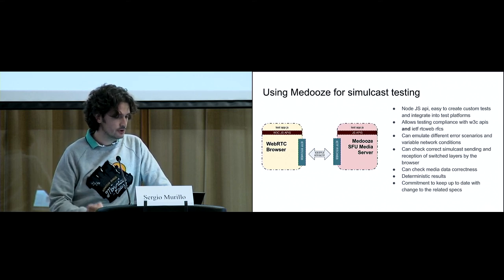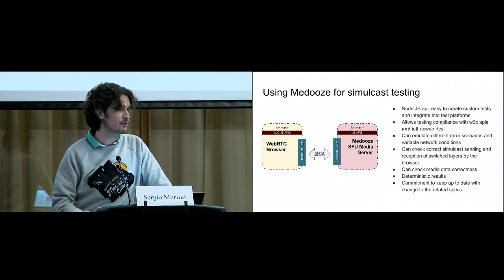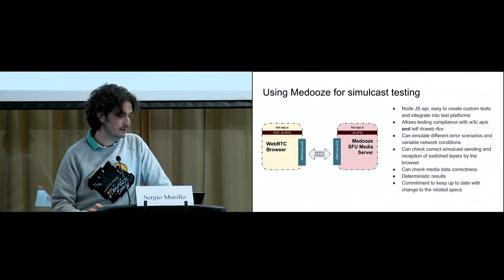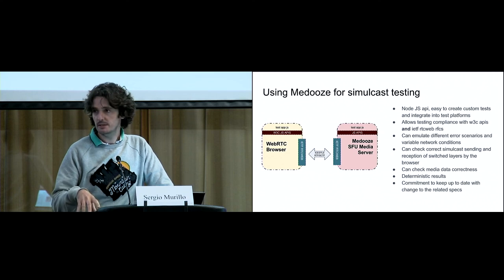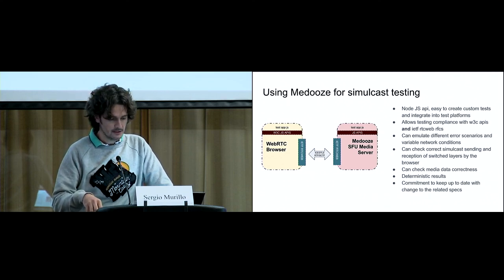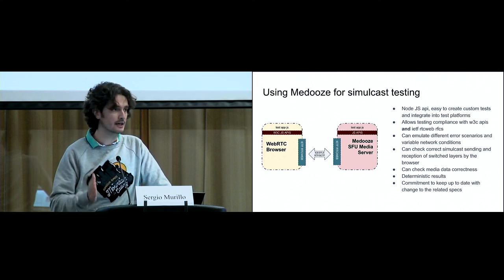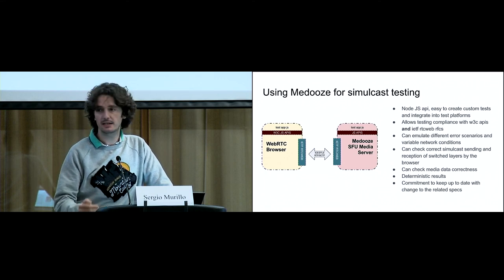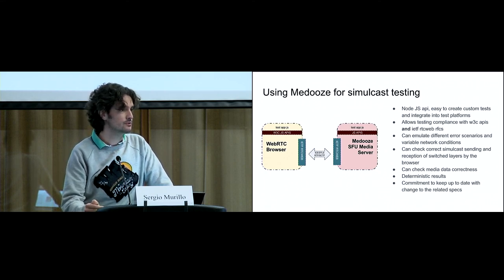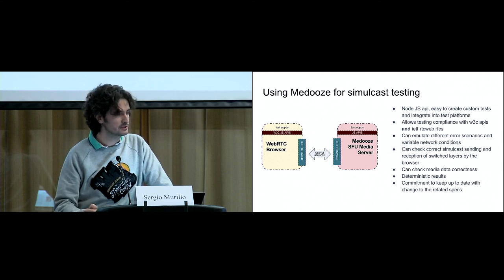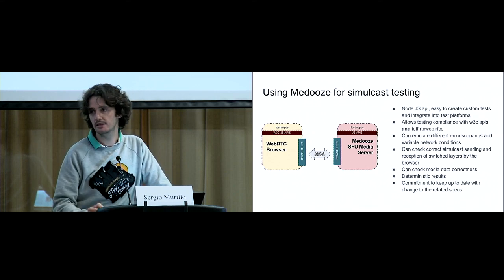This will allow you not only to test the WebRTC APIs that are already tested in the compliance suite, but will allow you to test all the IETF protocols, because as the media server we have access to all the RTP, RTCP specs, we will provide the stats, and we can create ad hoc checks to ensure that what we receive is what is supposed to be sent by the IETF specs.